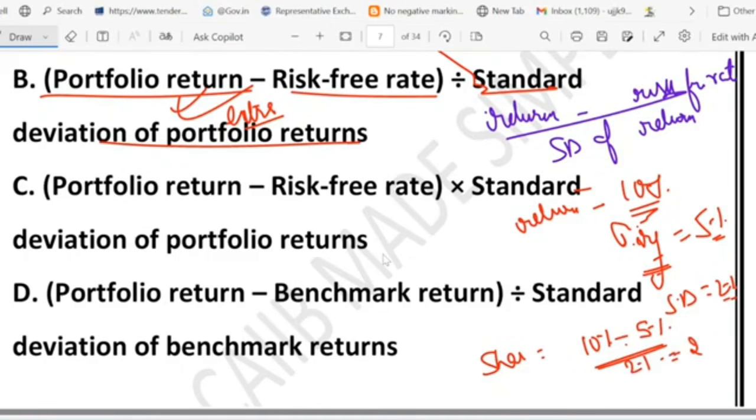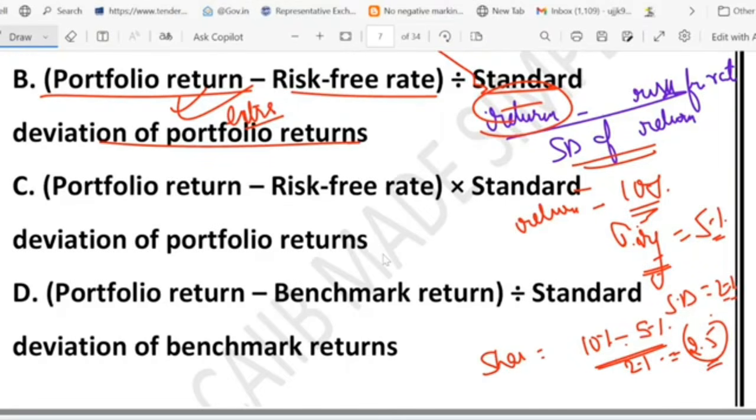So that is equal to 2.5, which means 2.5 units of return per unit of risk. So basically in the numerator we have return only, and in the denominator we have risk. So option number B is the correct answer.